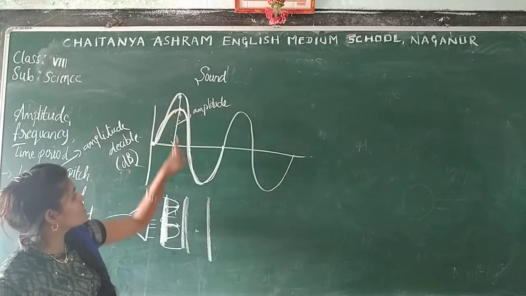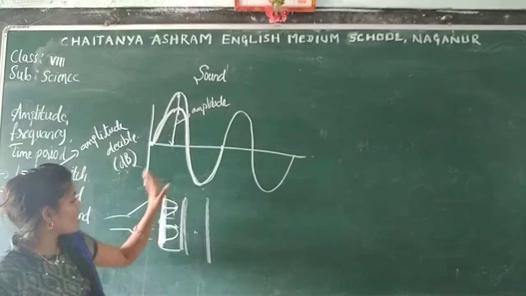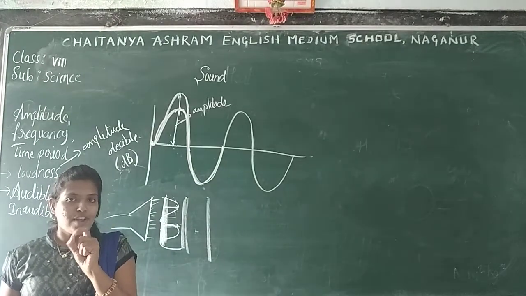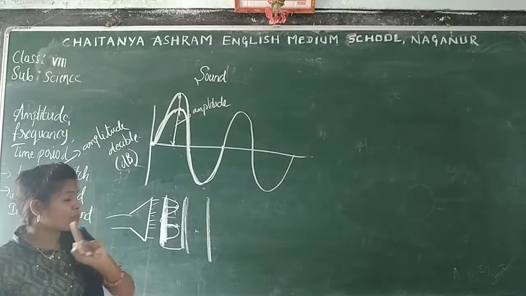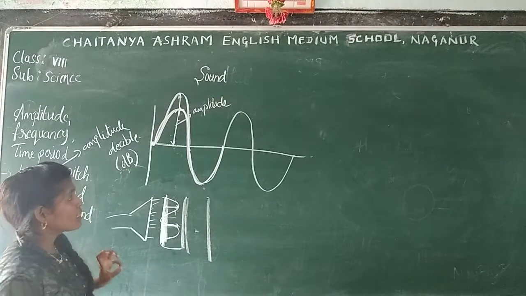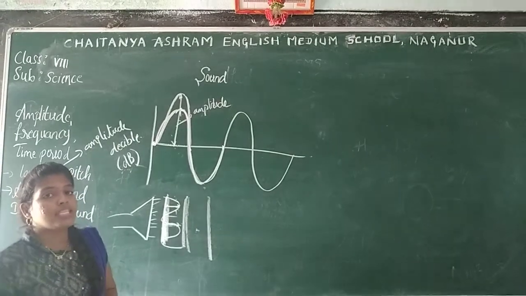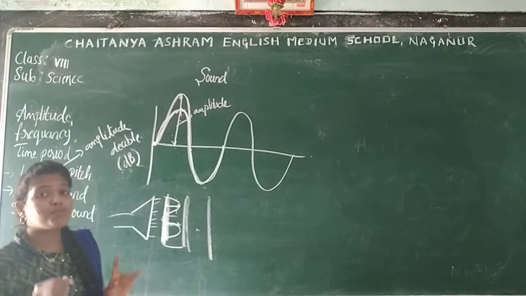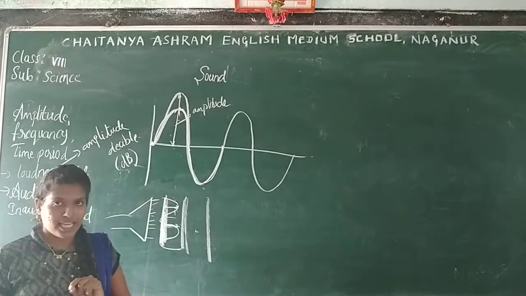A wave means one crest and one trough, or one compression and one rarefaction together we call a wave. Frequency means the number of cycles, the number of waves produced per second.